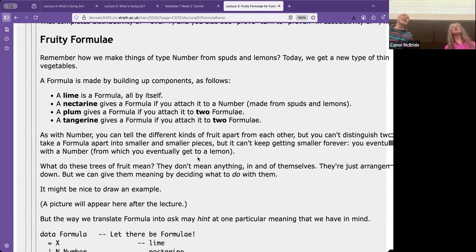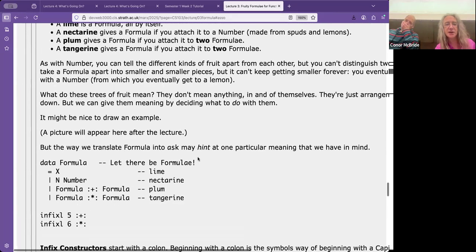But this is a new kind. Remember, we made models of numbers with spuds and lemons. Well, we're going to make in our minds models of more complicated things with more bits and pieces, but it's the same kind of stuff.